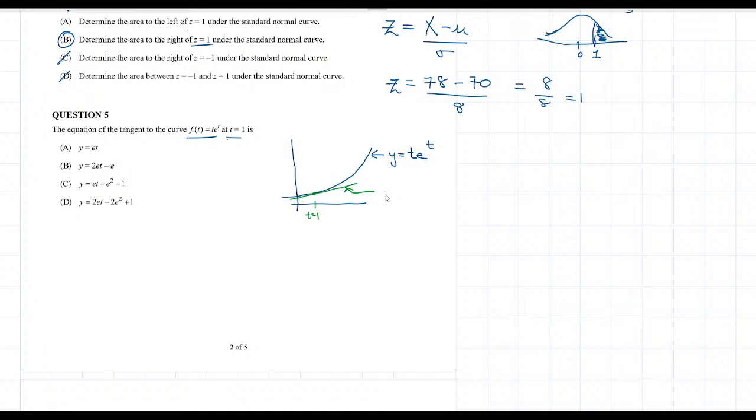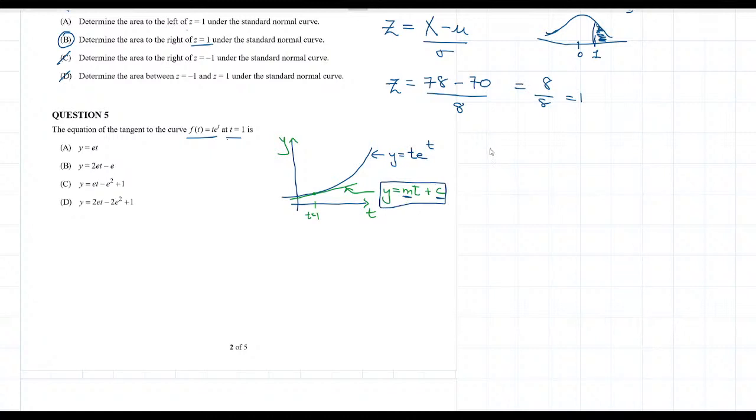Because it's a straight line, we know that the equation is going to have the form y equals mx plus c. In this case, we can say y equals mt plus c, just because this is our t-axis and this is our y-axis. So basically we need to find the value of m and the value of c to get this equation.